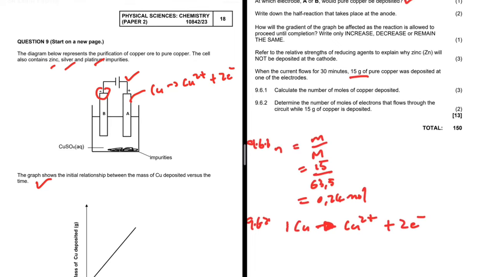For 1 copper atom, we have 2 electrons. So if the number of moles of copper is 0.24, then that of electrons should be 0.48 moles. So there we go.